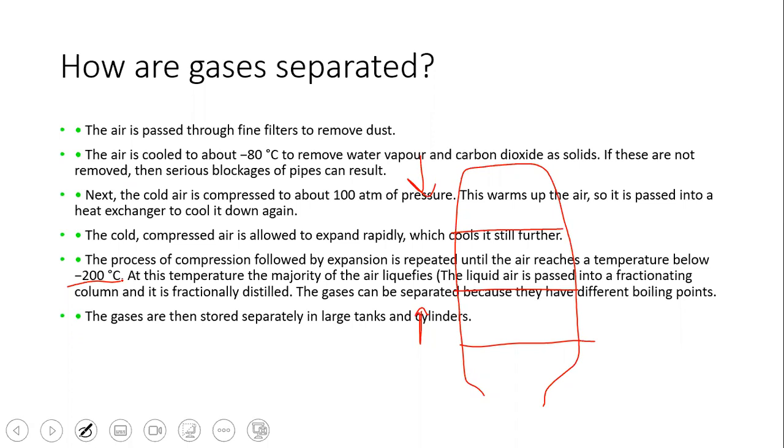So for example, the area of the column where the temperature matches the boiling point of nitrogen, in that area nitrogen will end up collecting because it is matching the boiling point of nitrogen. The other components will keep on moving up the fractionating tower. So based on the boiling point, we can separate the components from each other.